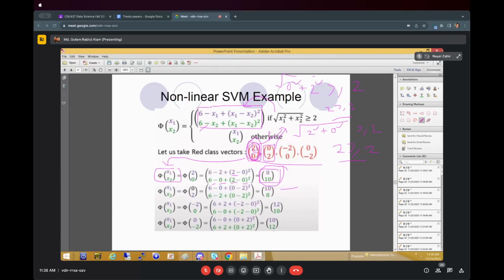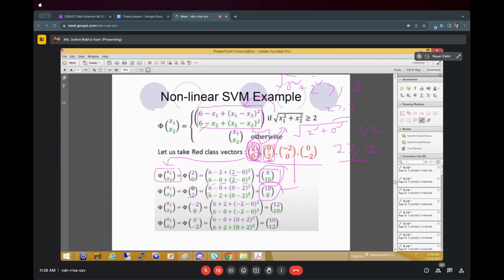If this condition is true, then we have to apply this equation for transformation. In this case x1 is 0 and x2 is 2. So if we pass 0 and 2, then 6 minus 0, we will get 10, 8.